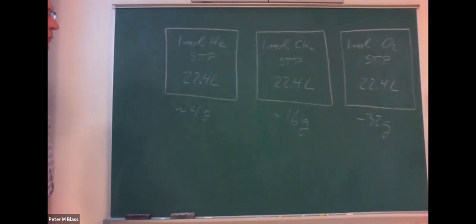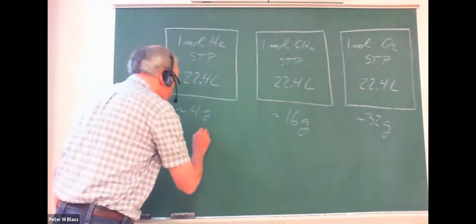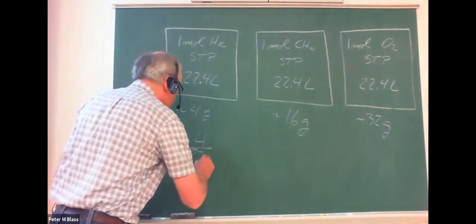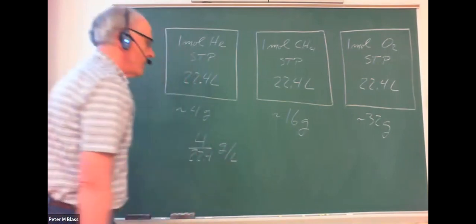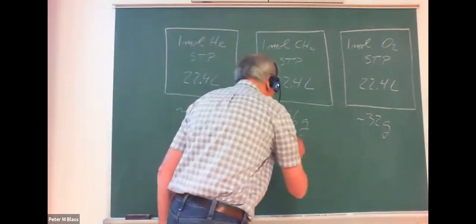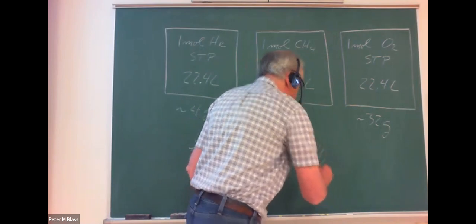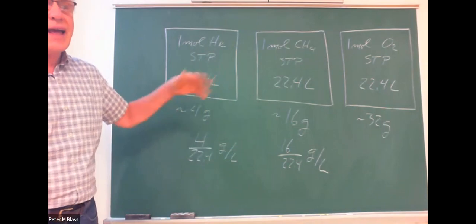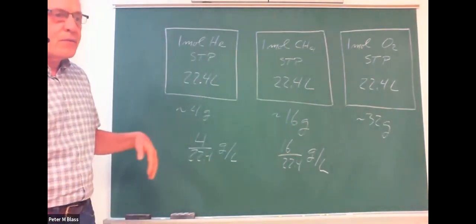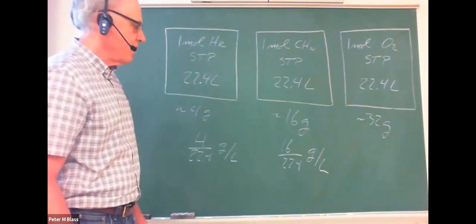And moreover, it's proportional, okay? If I write the density of this, I won't actually do the calculation, but this one would be 4 over 22.4. That's in units of grams per liter. Okay, this one 16 over 22.4 grams per liter. And by the way, grams per liter, that is how we usually express the density of a gas, because gases are very light. If you use grams per milliliter like you do for liquids and solids, it'd be tiny, tiny numbers.